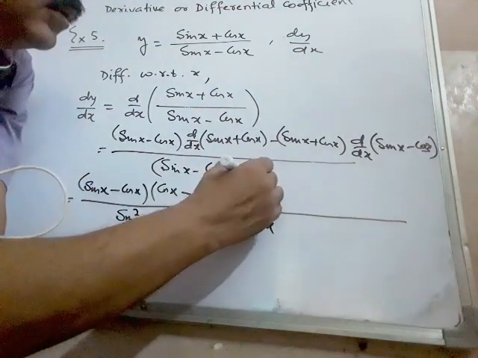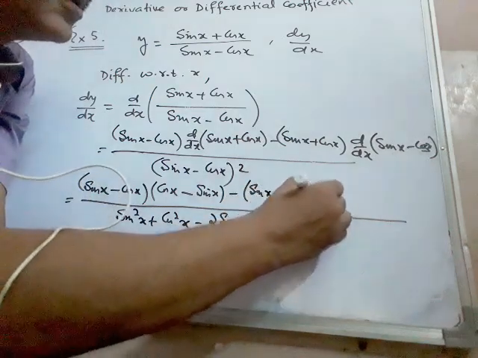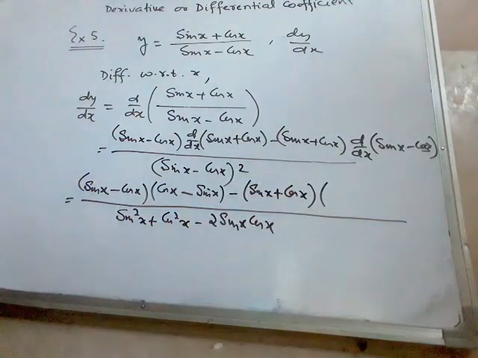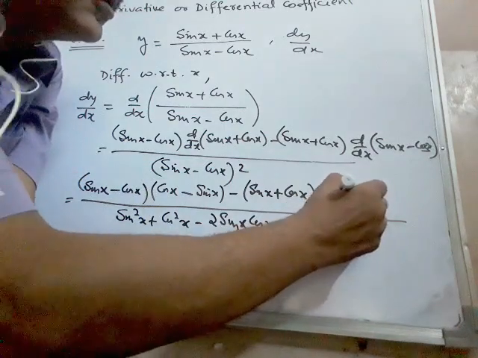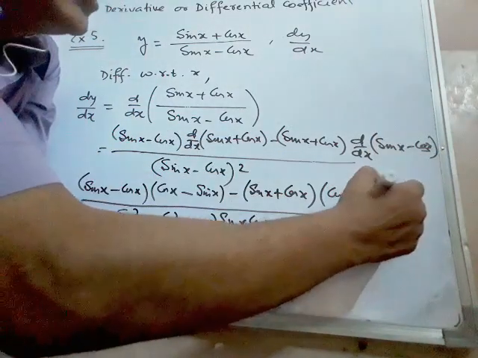Over here, (sin x plus cos x) into the derivative of sin x, which is cos x, and the derivative of cos x is minus sin x, so minus minus becomes plus.